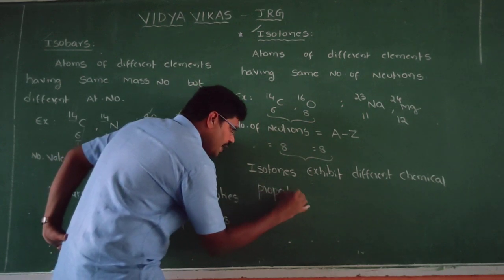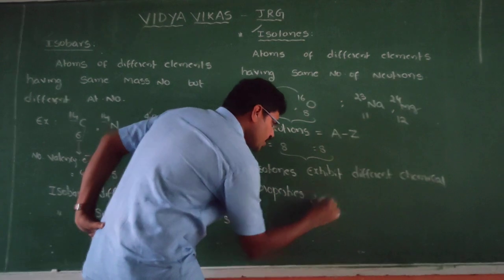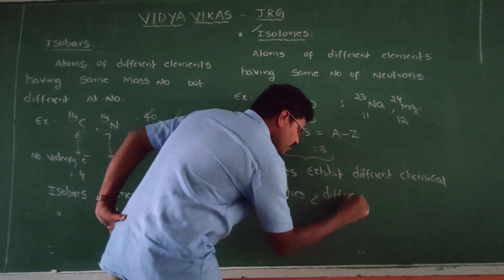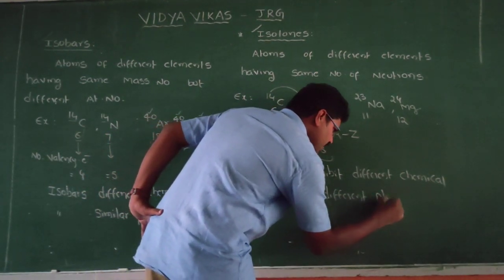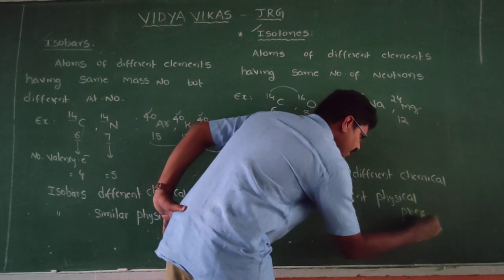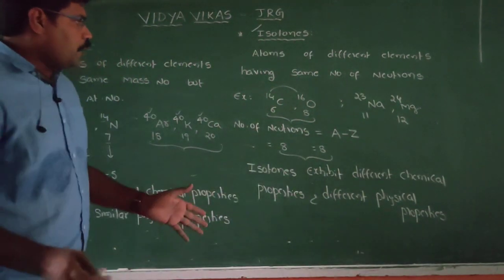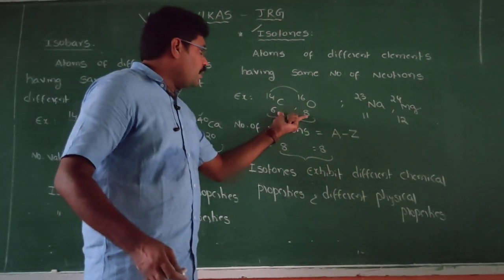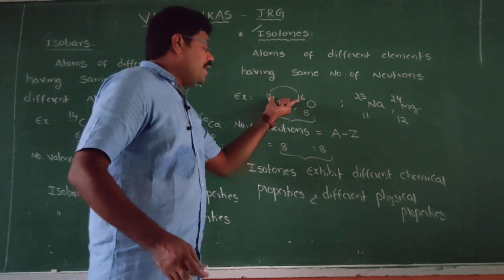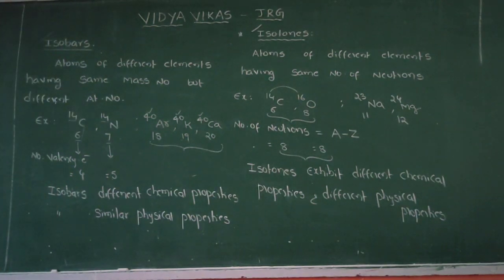What about their mass numbers, sir? Mass number also different. Means different physical properties, dear students. So isotones exhibit different chemical properties and different physical properties because their atomic number is different and also their mass number is different, dear students. And these species we call simply isotones.